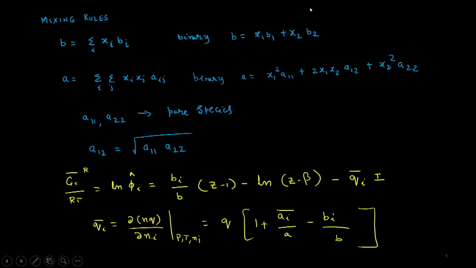And finally, ai bar again is the partial molar A, so we will write it as the derivative of nA with respect to ni at P, T, and nj.